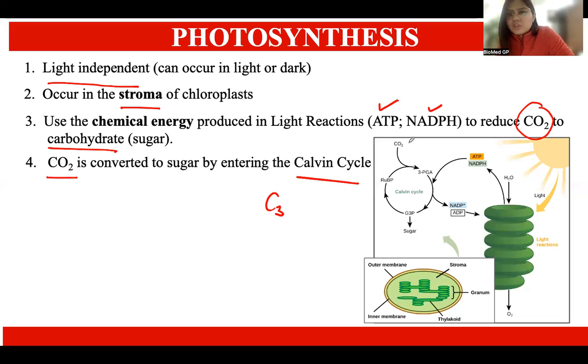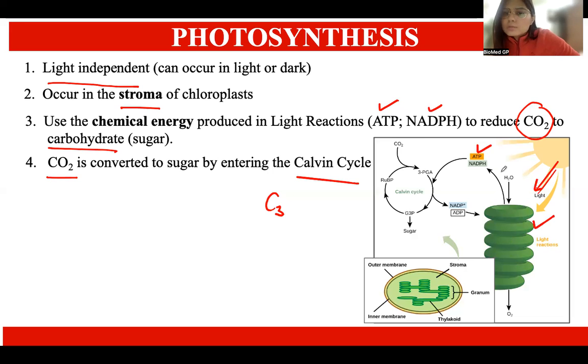But before we dive into understanding this cycle, let's revise everything that is happening inside the plant cell, specifically the chloroplast. So you see, these are the thylakoids. You can see the grana present inside the chloroplast. When light falls onto it, a series of electron transport chain reactions happen, leading to the production of ATP and NADPH molecules.